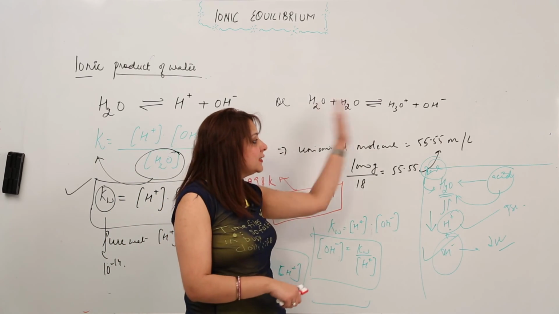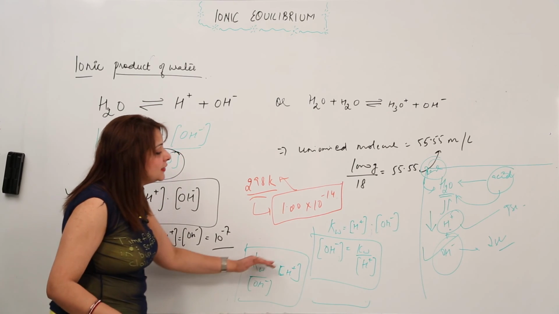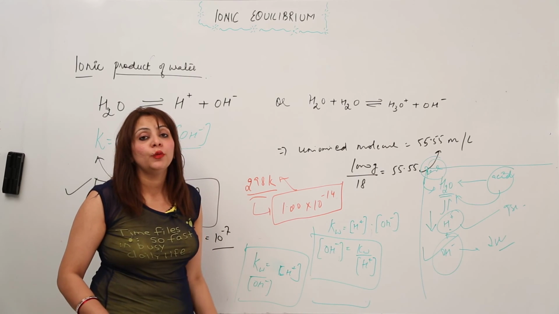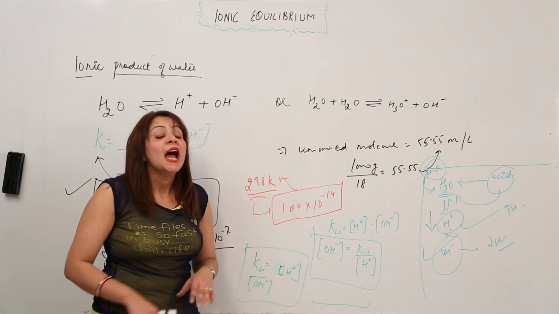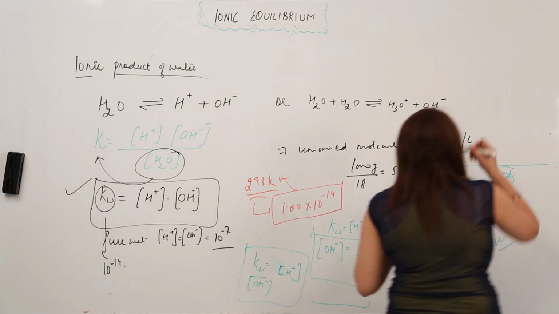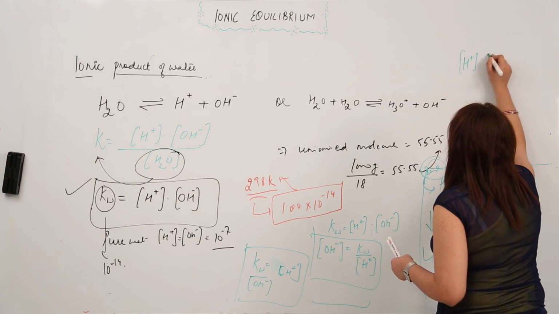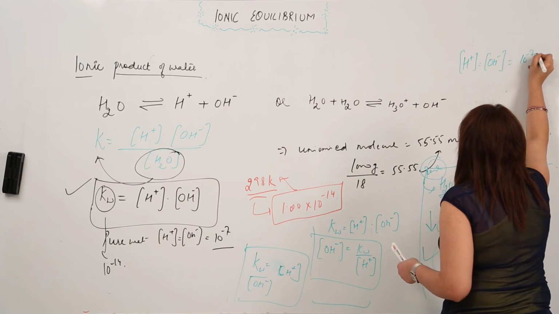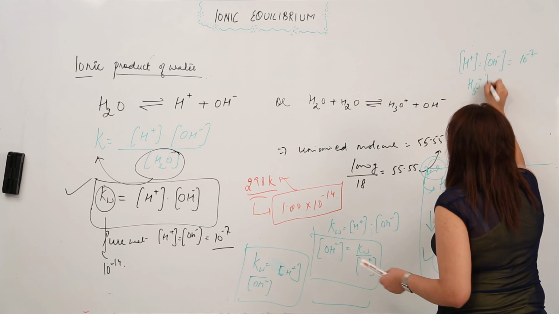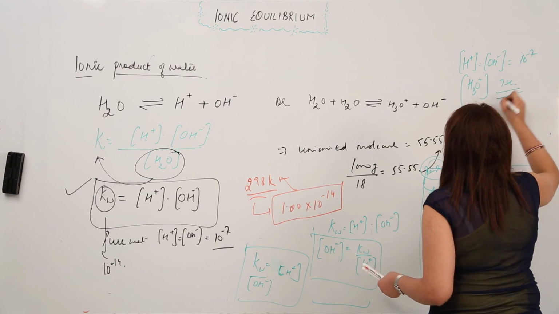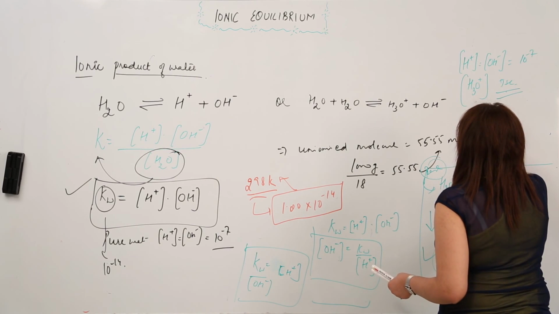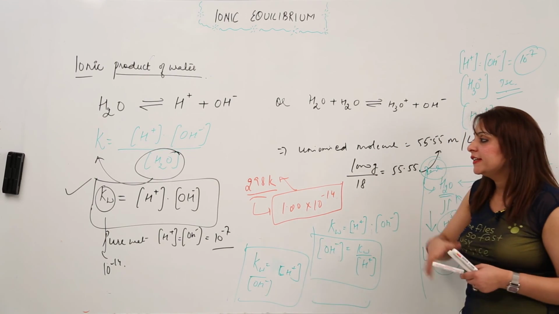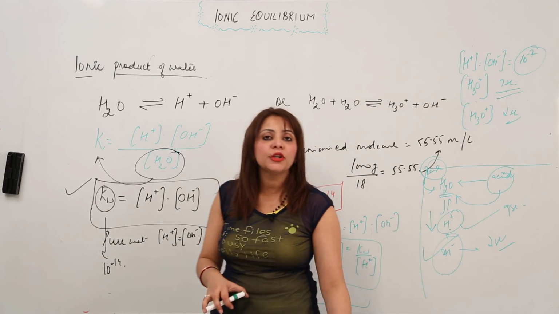This is the effect on the ionic product of water when we add acid or base. For pure water, the hydrogen ion and hydroxide ion concentrations are the same, 10 raised to power minus 7. But when we add acid, the hydrogen ion concentration increases, and when we add base, it decreases, so this value gets affected. This is how we explain the ionic product of water.